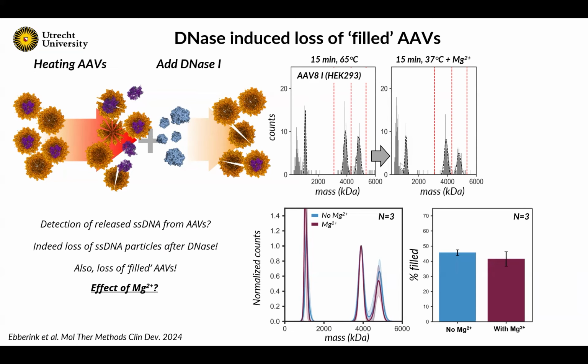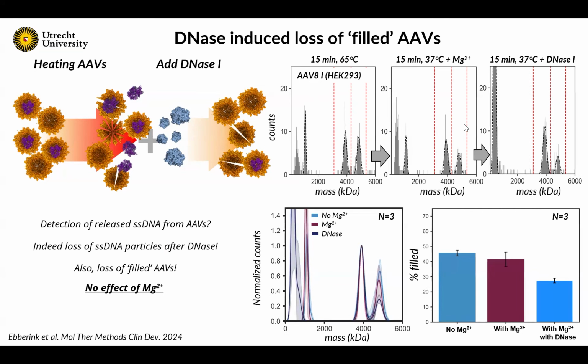And then we see that the single-stranded DNA peak is still there. And also the amount of particles, empty or filled, doesn't really change much. But if you, on top of this, then add the DNase, then we see again a drop in the number of filled particles compared to the amount of empty particles. And also the single-stranded DNA peak is now again gone.